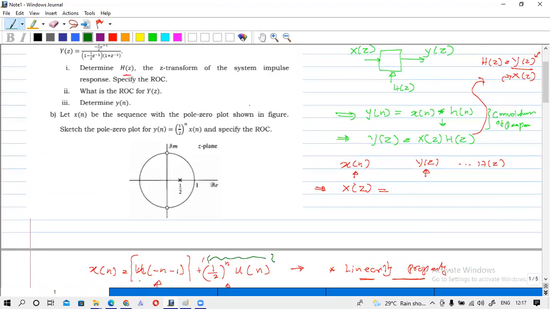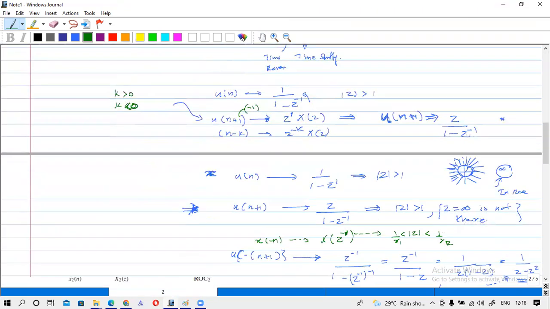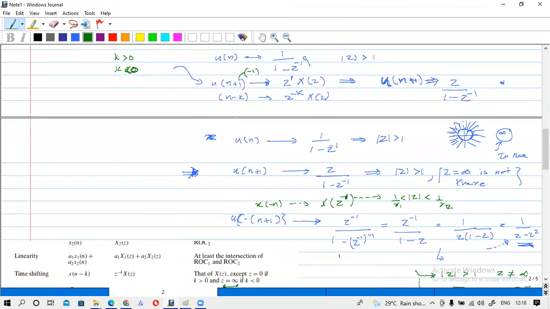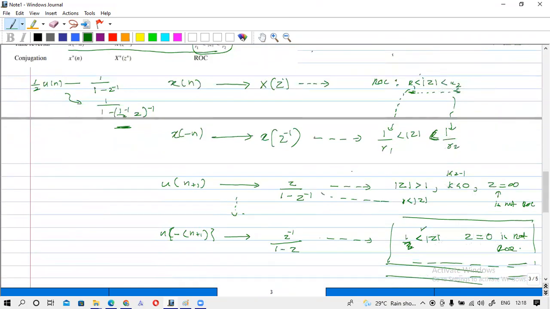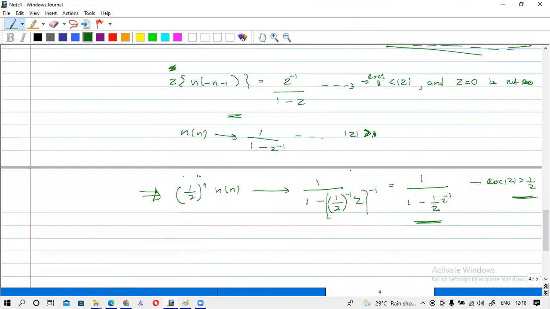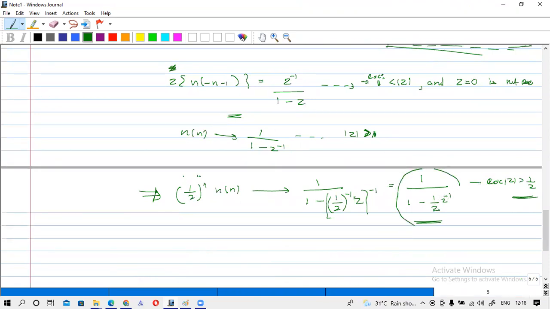So I can simply add this one and this one. That will be our XZ. Please add them together. That will be our XZ, and the ROC will be common.